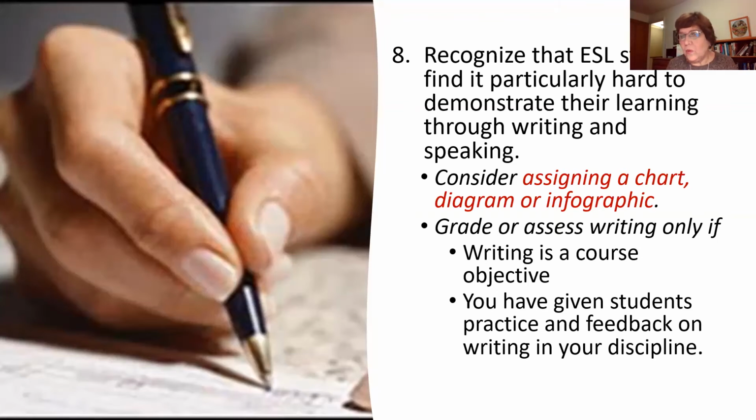I also encourage you to assess writing only in courses and programs where writing is a course objective or a program learning outcome or gen ed learning outcome. And then, because it is an important outcome, you've given students lots of practice and feedback on writing in your discipline. I actually think writing in a discipline should be a learning outcome of every program, but then it needs to be embedded in a lot of courses.